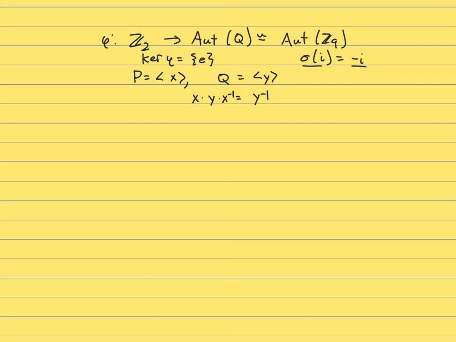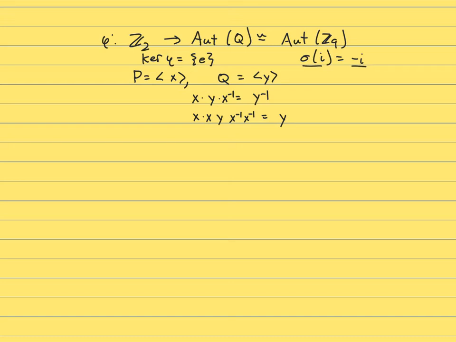It means when I conjugate twice, I need to get back to Y. Because negation really means inversion at the level of exponents.